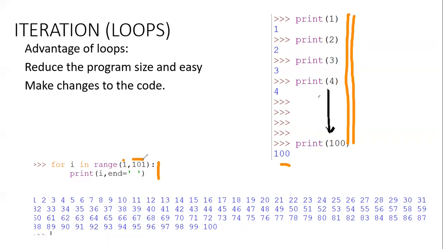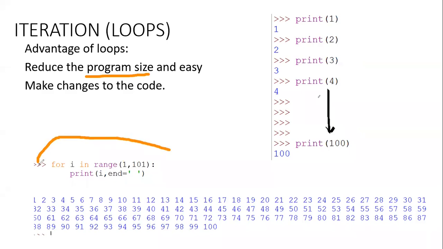So therefore, this program will produce 1 to 100. So you can see this loop will produce the same output by using 2 lines. That is why here we are saying the program size can be reduced by having a loop. Now here in the loop, only 2 lines. Here how many lines? 100 lines. So it is obvious the program size will be reduced by having loops.